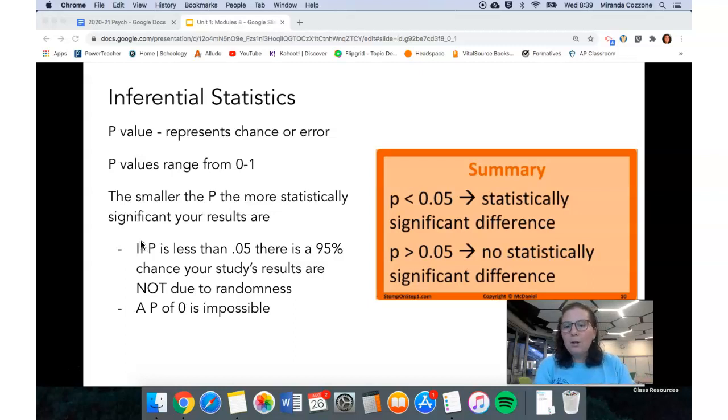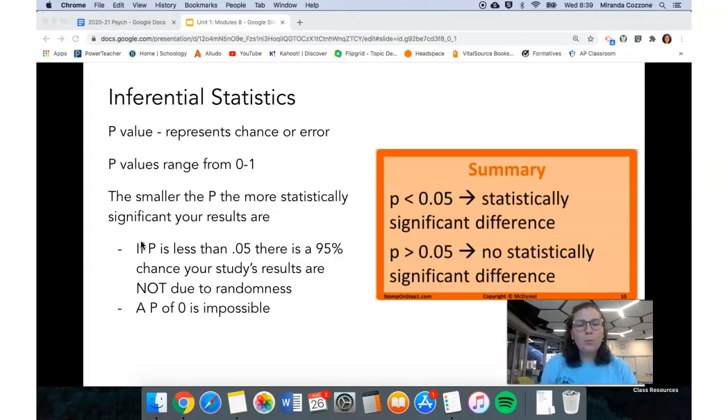Okay, the smaller the p-value, the closer it is to 0, the more statistically significant your results are, okay? In the field of psychology, your p has to be less than 0.05, meaning there's a 95% chance that your study's results are not due to chance or not due to randomness, okay? So a p-score of 0 is impossible.